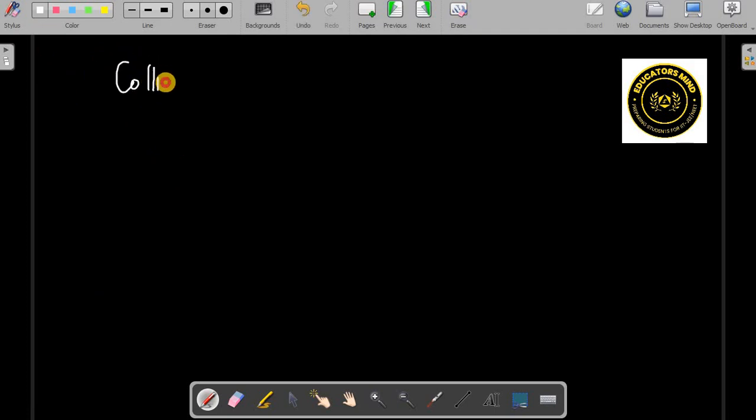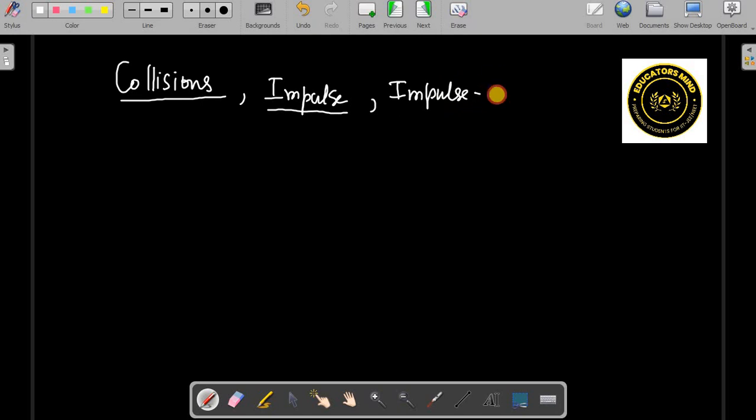Collisions. Basically we are going to discuss collisions, and before that we will discuss the important concept that comes in the collision itself, that is impulse and the impulse momentum theorem.